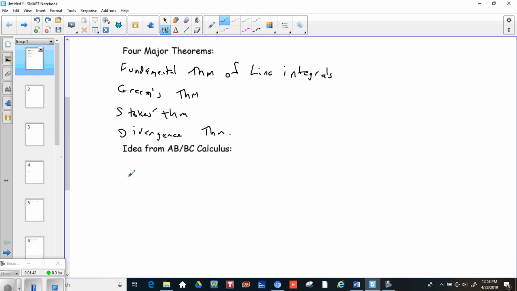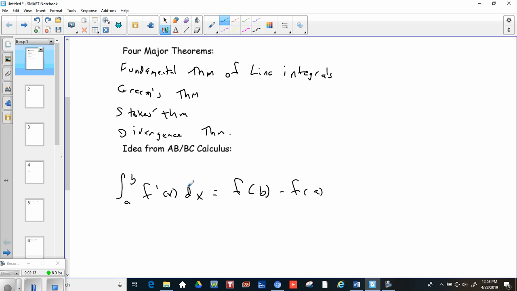The general idea was that if we had a definite integral, we would take the integral of some kind of a function where it was some kind of a derivative. It didn't have to be notated as a derivative, but it was something where you had a derivative of something, because then when you take the integral, you're going to go back to the antiderivative of this, and you're going to evaluate it at the endpoints, and then subtract.